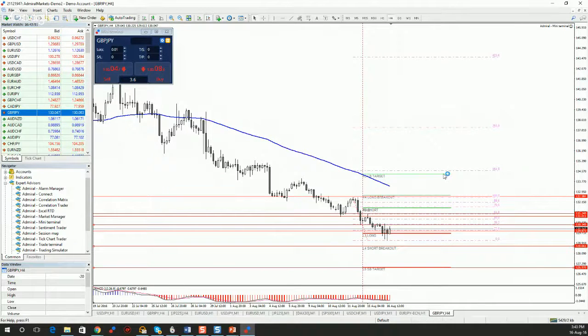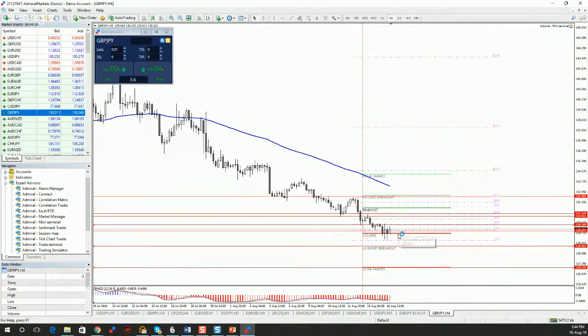Now, watch this also. L3 has been rejecting the price on the 4-hour time frame. It means that here we have buyers. And for me personally, if I see a 4-hour close below L3, not this rejection, because the last 3 candles in the 4-hour time frame haven't closed below L3.